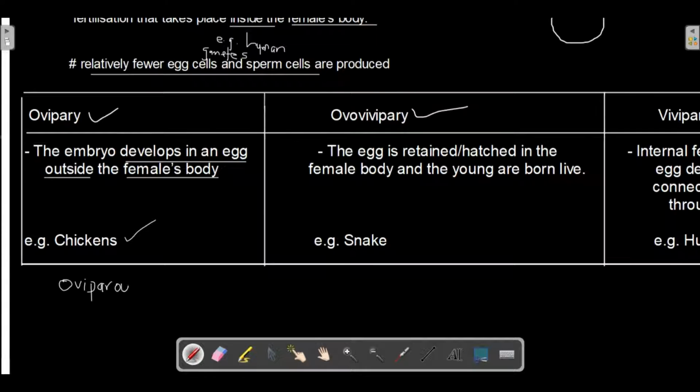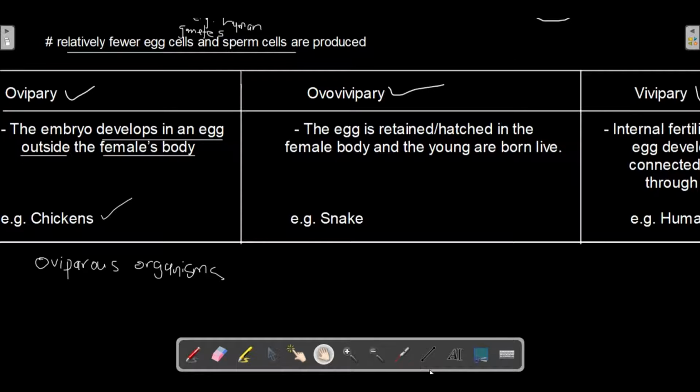A lot of birds practice this reproductive strategy, so we call them oviparous organisms. The next reproductive strategy is called ovoviviparity. Here the egg is retained inside the female's body.